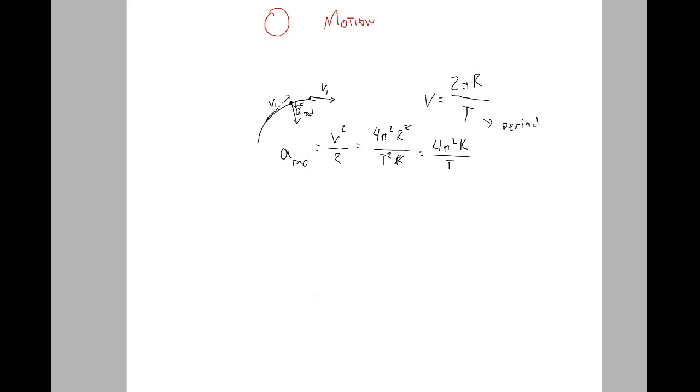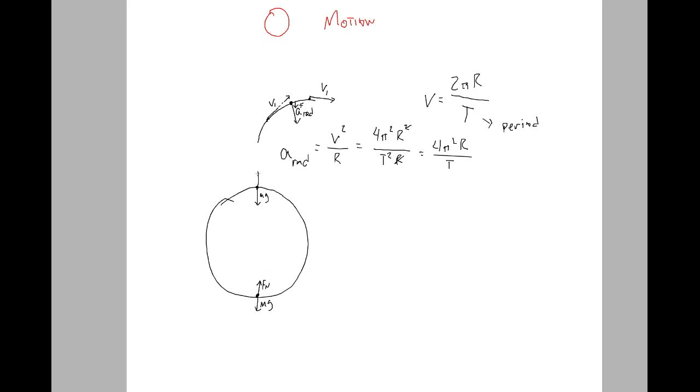And so in class we did an example with the Ferris wheel, and we had a big old circle, and we talked about how the weight of the object doesn't change. But what does change is the normal force.